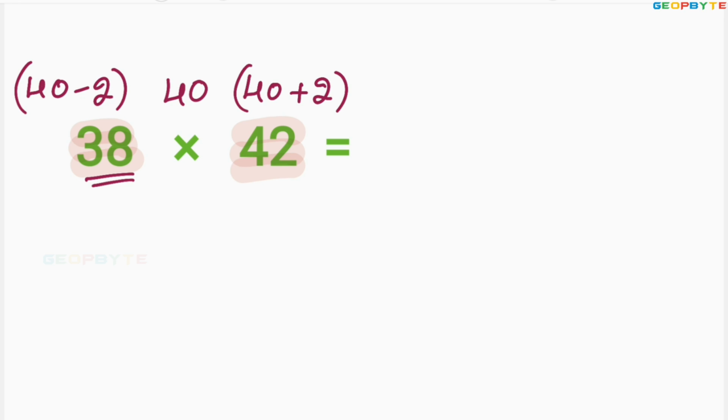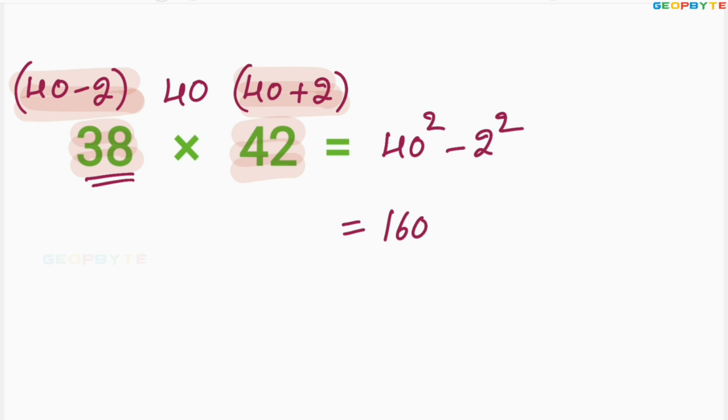Now it is looking like (a plus b) into (a minus b) is equal to a square minus b square. 40 square is 1600 minus 2 square 4. It is equal to 1596. I hope all of you clearly understood.